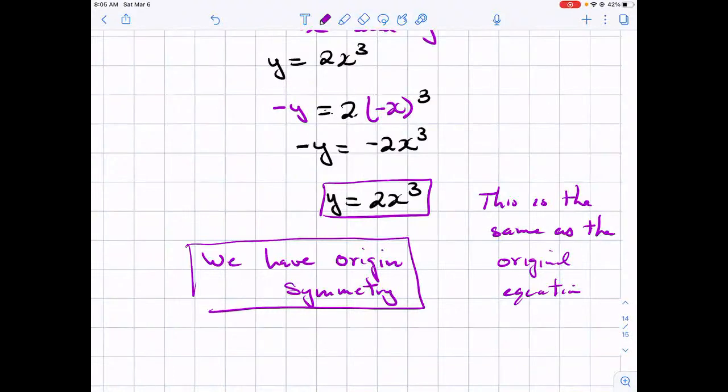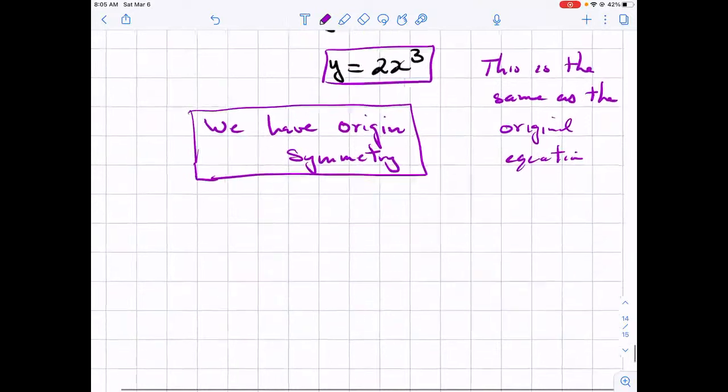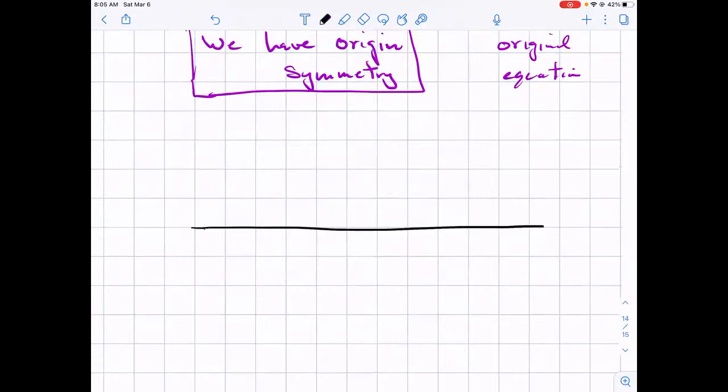So when you check for symmetry, unfortunately, it's 3 things you have to do, but it has to be done. And symmetry will help you with graphs, right? If you find that a graph has symmetry, you will know what the graph sort of looks like. For example, we now know that this graph has symmetry with respect to the origin.